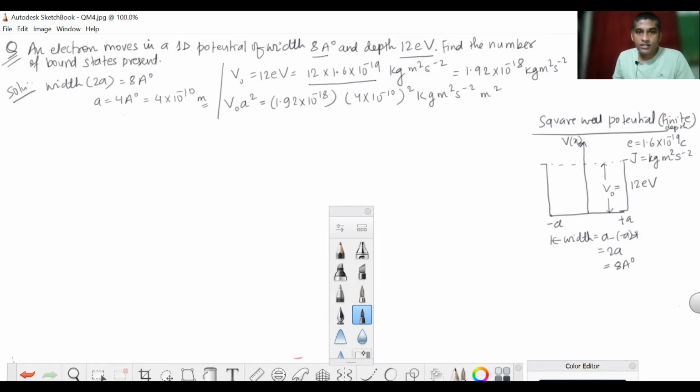Finally we can write the unit as kg meter to the power 4 second to the power minus 2.